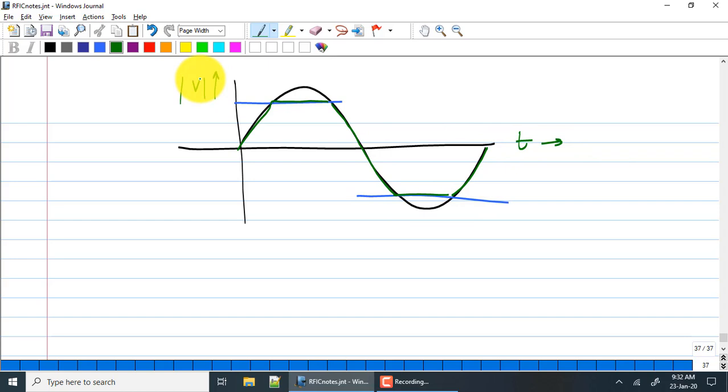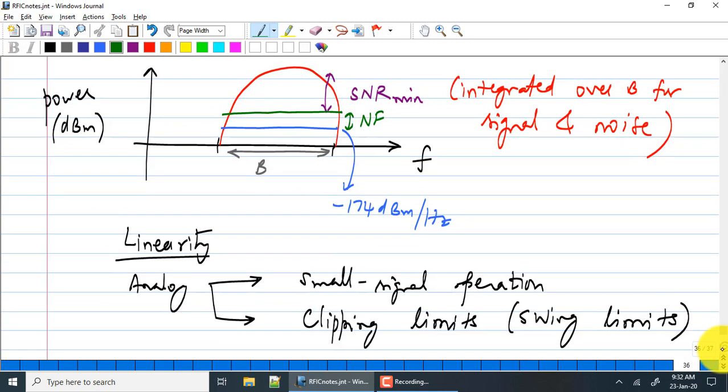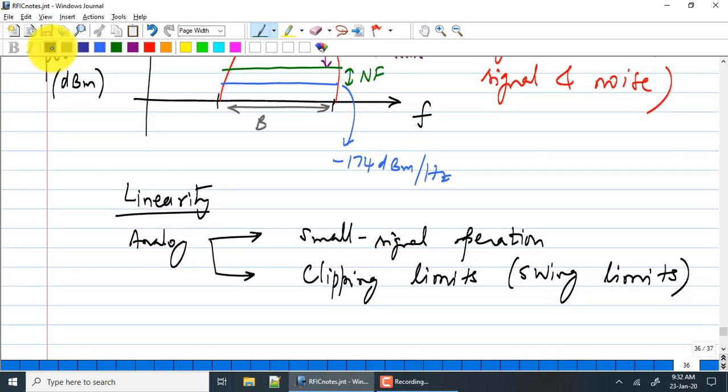So if you start seeing systems clipping, you will start seeing harmonic content in the output where you did not expect it. Make sense? So you put in a sinusoid, you get more than what you bargained for, more than what you expected.